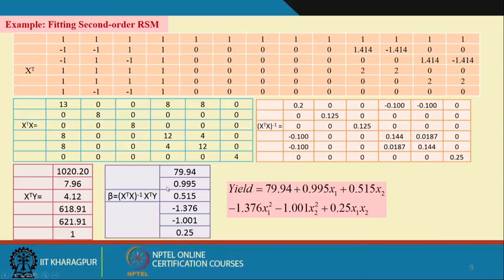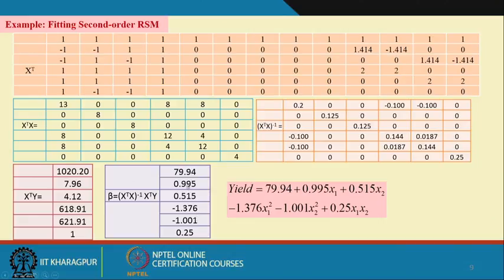This will give you these values. So, intercept is 79.94, x 1 is 9.995, x 2 is 0.515, then x 1 square is minus 1.376, x 2 square is minus 1.001, and x 1 x 2 is 0.025.